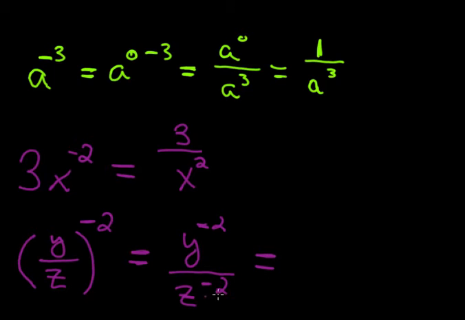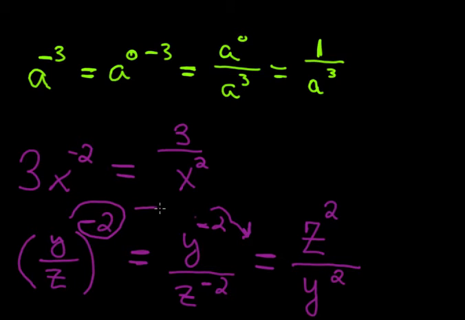But writing these negative exponents as positive, this is saying z is on the wrong side of the fraction bar, so it should come upstairs. And this is saying y squared is on the wrong side of the fraction bar, so it should go downstairs. And so the negative signs pull you to the other side of the fraction bar. Remember, this rule distributes the negative 2 to each part, and then the negative sign pulls that term through.